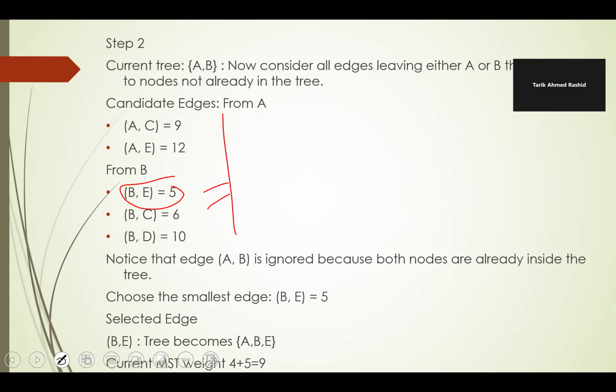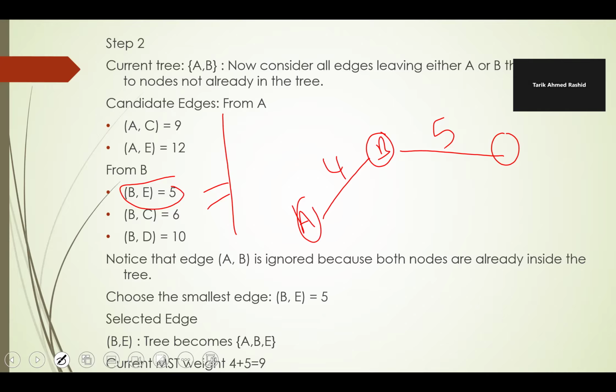So starting from A, we had B with 4, and then we go from B to E, which is 5. That's our diagram.